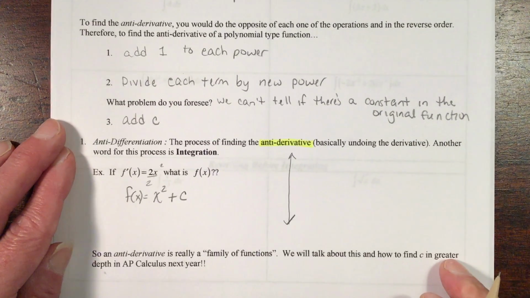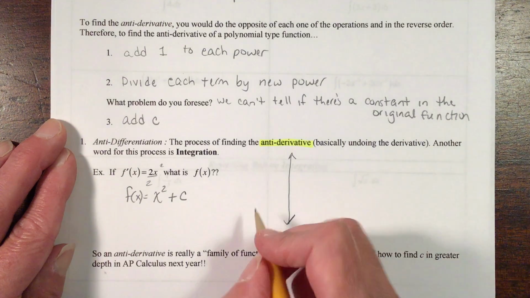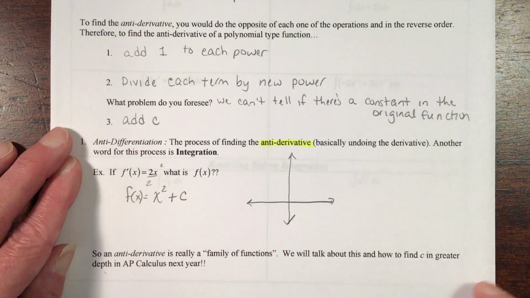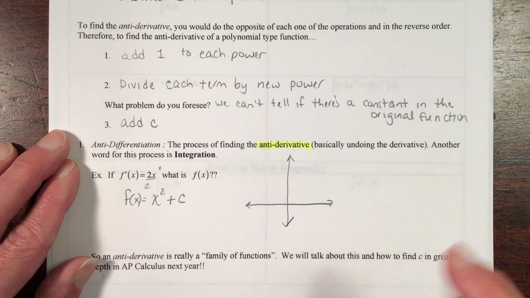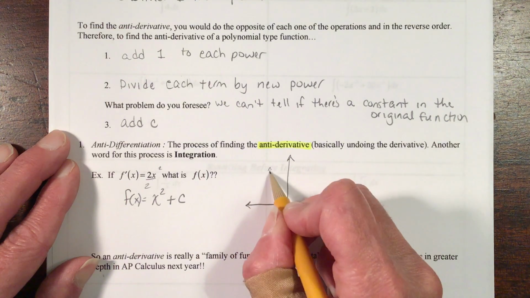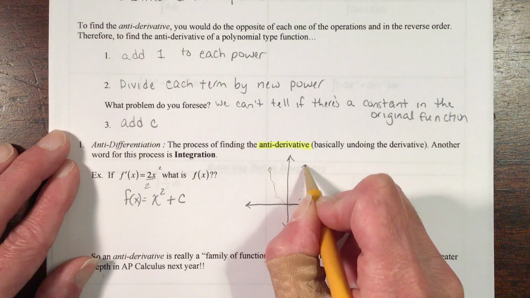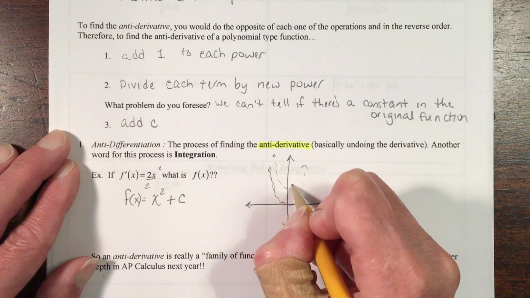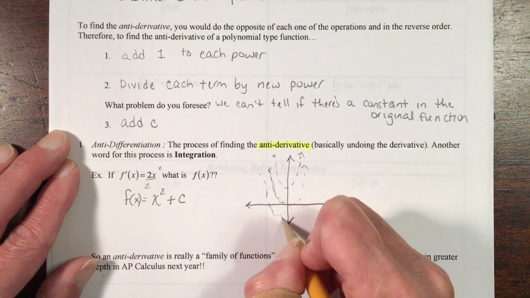It means an antiderivative is really a family of functions. Okay. We're going to talk about this more next year and how to find C in greater depth in AP Calculus. But for right now, you can think of it like this. Okay. That's a terrible parabola, but C could be anything.